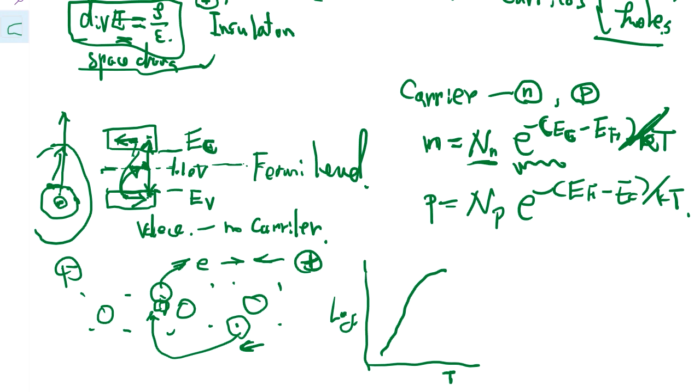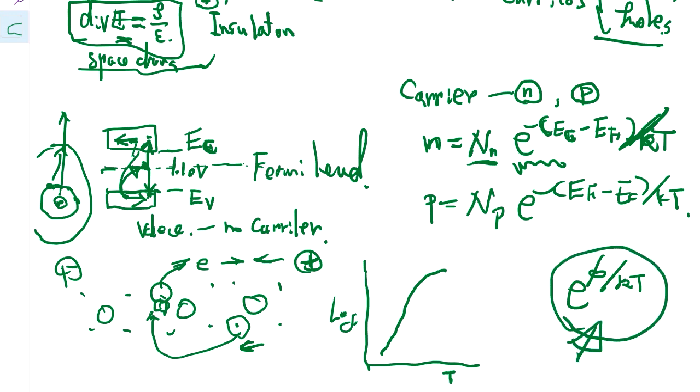So this energy over kT becomes a very basic equation for semiconductors. It's bipolar, MOS, everything. You have to remember this. Energy level over kT. This is the energy difference.